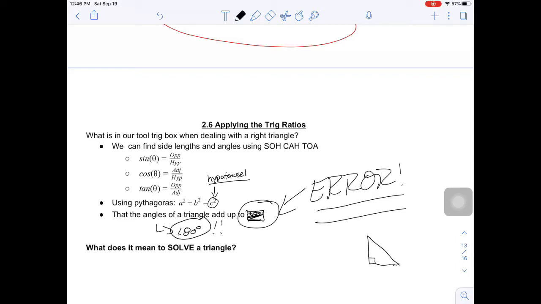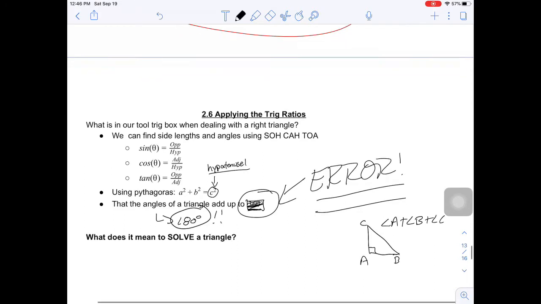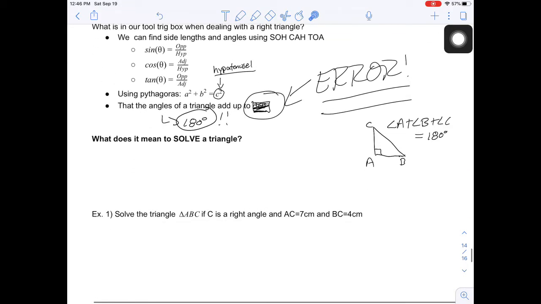If we call this triangle ABC, angle A plus angle B plus angle C equals 180 degrees. It's really useful: if you have two angles, you can always solve for the third one. So make sure you make that edit. Huge edit to make in this booklet.